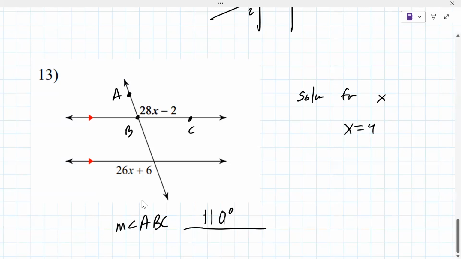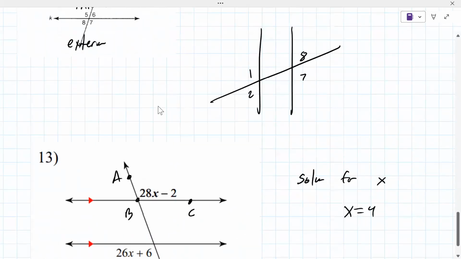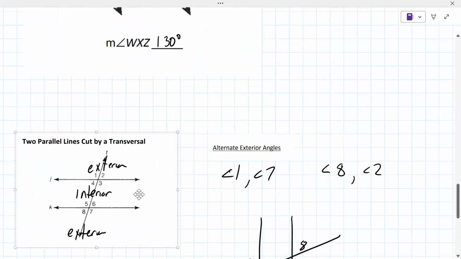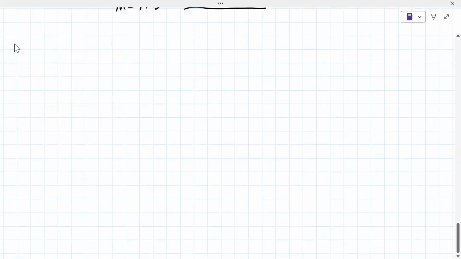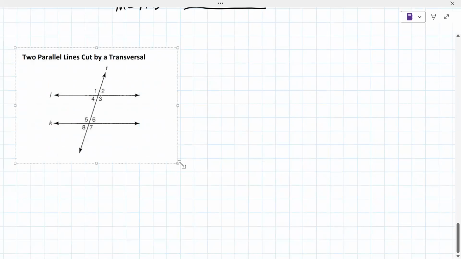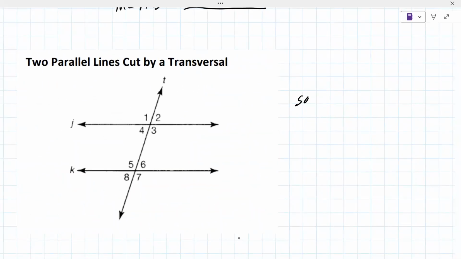You're doing great on that. The next type of problem here is when they're on the same side interior. They're sometimes even worded that way, same side interior or exterior.